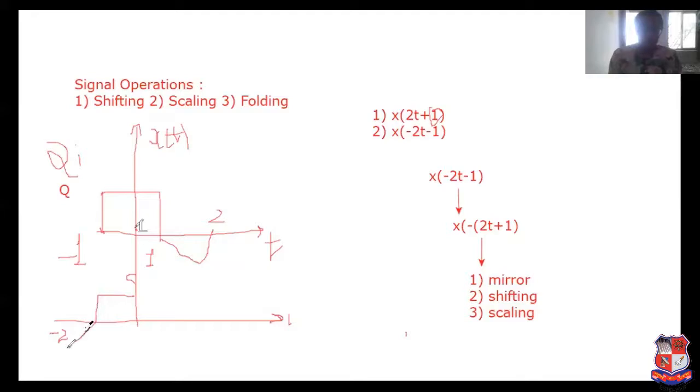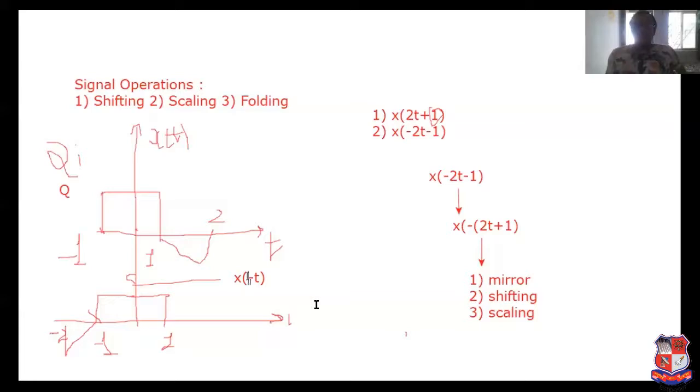See this. This is the mirror operation. Minus 1 to 1. And here we can write x of minus t. Now we would like to shift the signal.